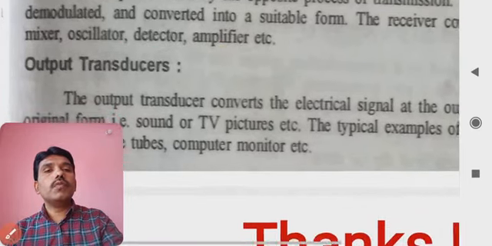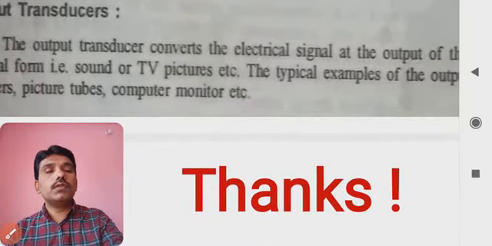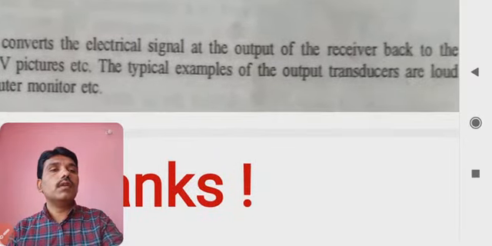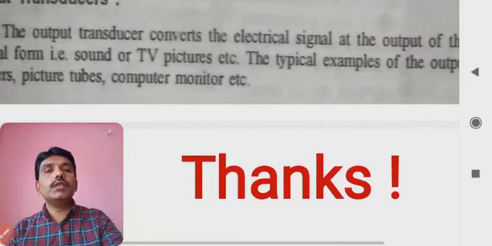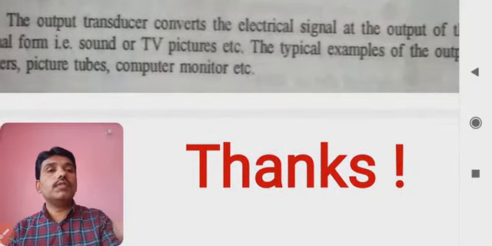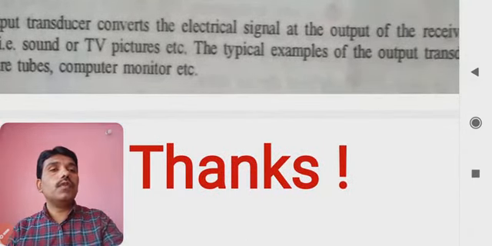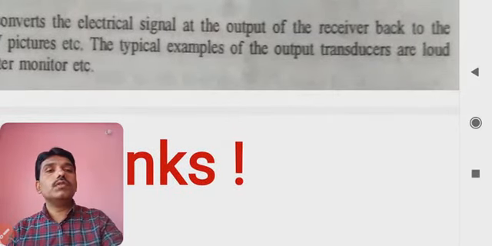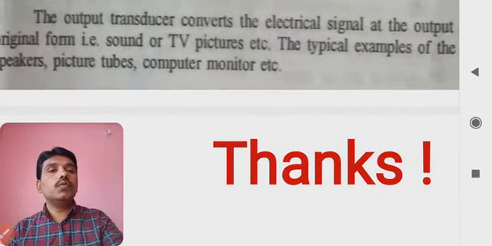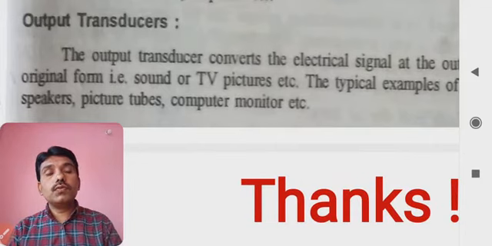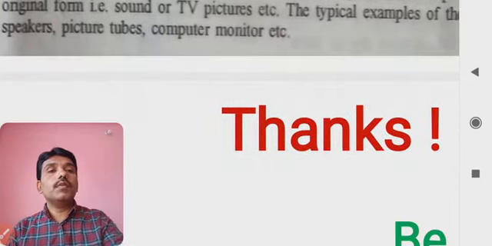The last part, which is also very important, is the output transducer, which converts the electrical signal at the output of the receiver back to its original form, whether a sound, or a TV picture, or whatever the input information was. Examples of output transducers are loudspeakers, picture tubes, computer monitors, and speakers, and that is how this communication system works.